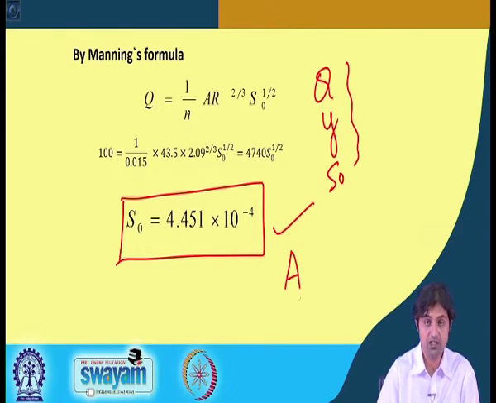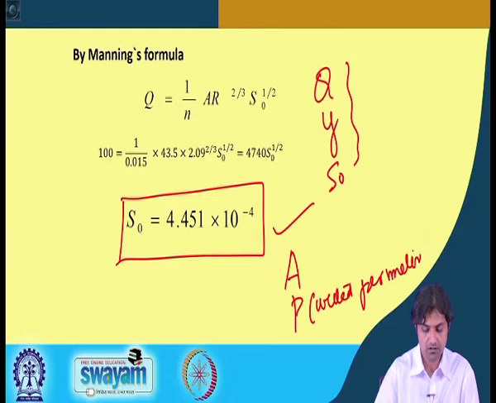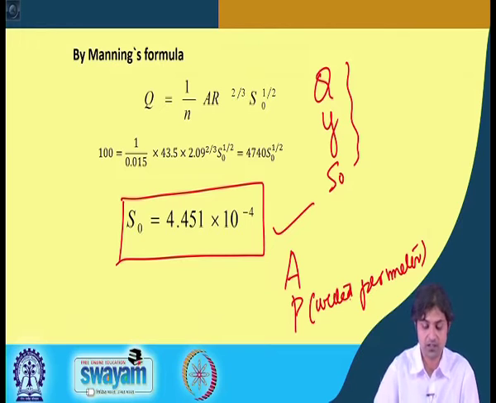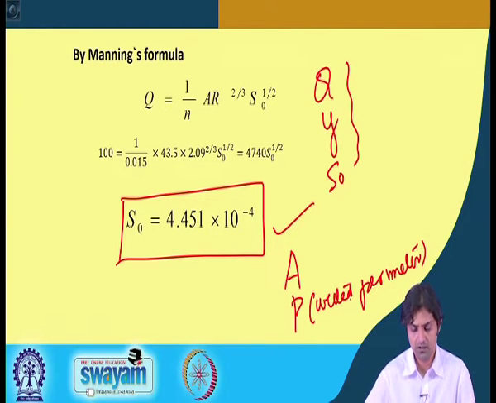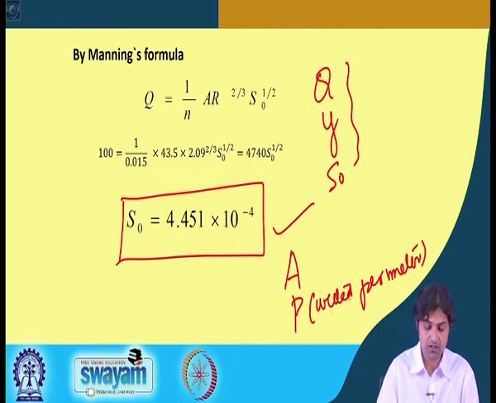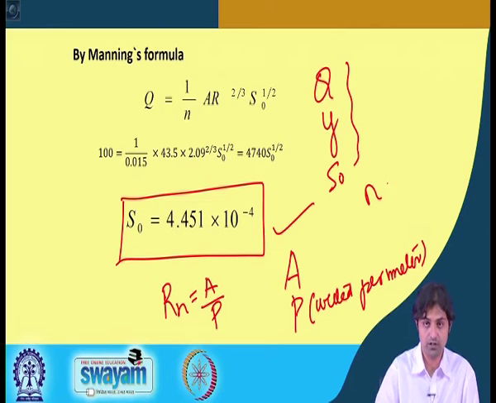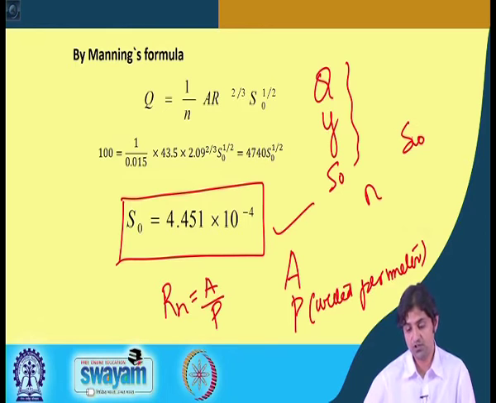First you find out the area, then the wetted perimeter, P. In assignments I will give you the type of questions that will be expected in the exam, shorter ones basically, not too complex. Then when you know A and P, you find out R_H in every problem. You look up the tables, or if n is given, you should be able to find S naught from the question, or sometimes it is given.